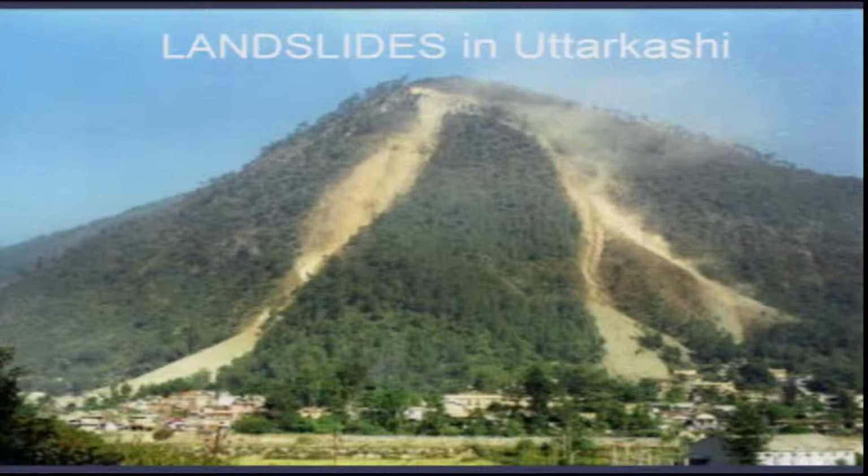Now, this is a very simple color photograph, again to show that you can pick up features because of the change in tonal variation. You have blue which shows the sky, and this whole hill is covered with a very thick forest.